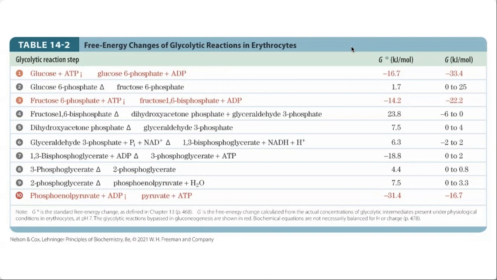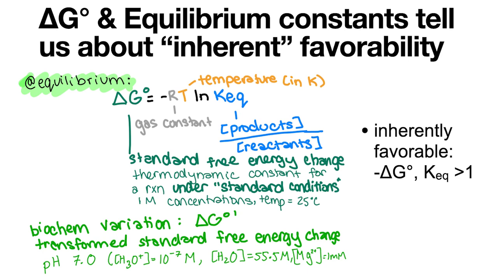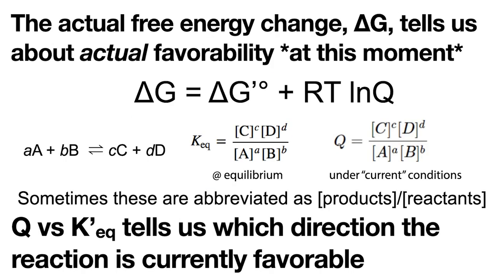Basically, we said we wanted a negative delta G in order for a reaction to be favorable in the forward direction. A delta G naught is inherent; a negative delta G naught would say it was inherently favorable. But the actual favorability is determined not only by that delta G naught, but also by the concentrations, the amount of your products and the amount of your reactants.